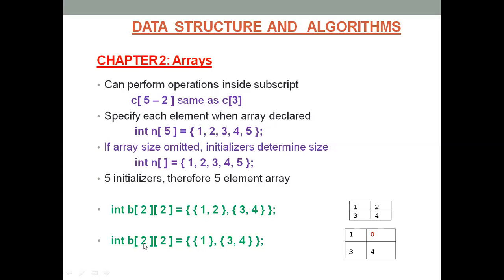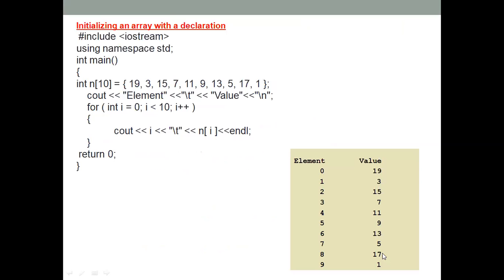And here in the first row, we have only one value, so the second one is set as 0, because we don't have it. We took only the first row and first column. Here the second row has 3 and 4. So this is the simple array program.